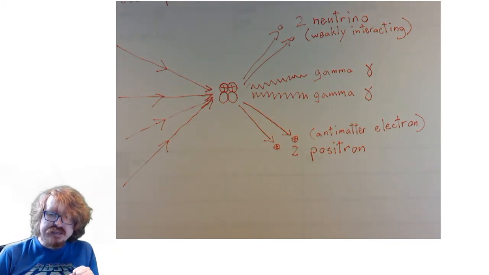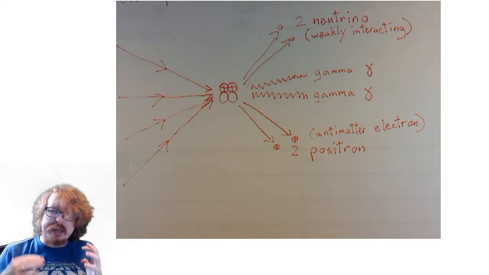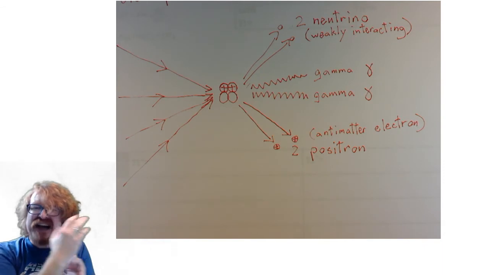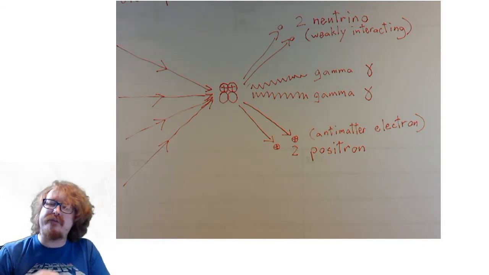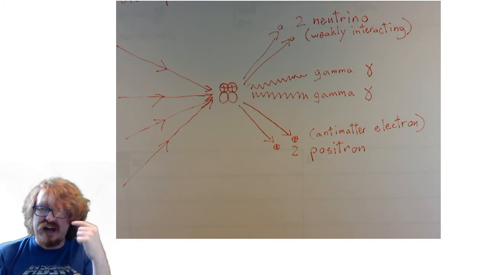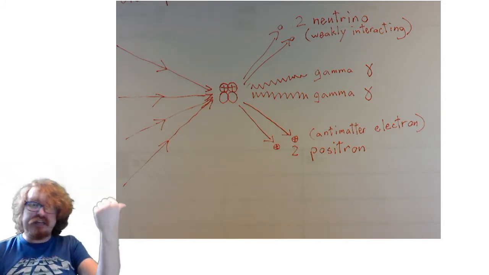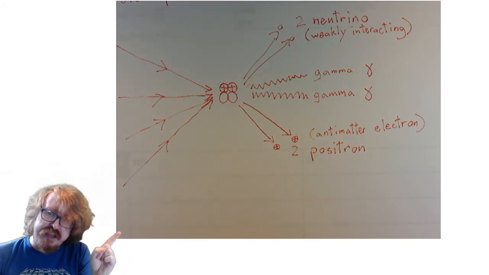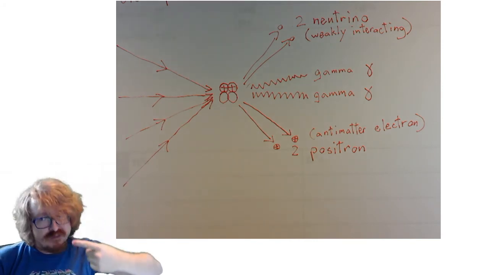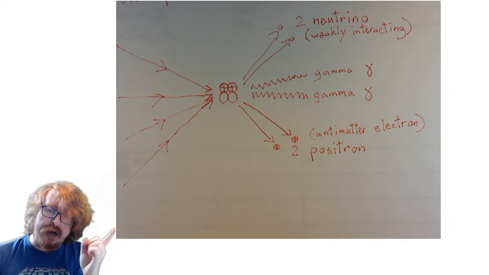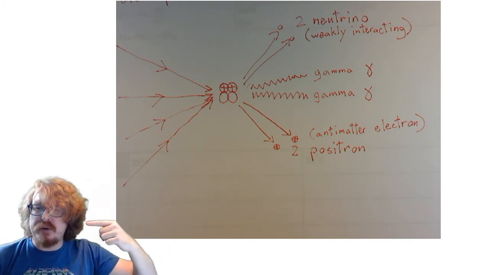Antimatter is just like matter, but with all of its properties the opposite, okay? So for every type of matter, so protons, neutrons, electrons, even neutrinos, you can make an antimatter version of it with all of the properties reversed. So a positron is like an electron with all of its properties flipped.